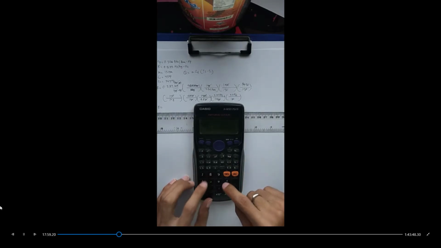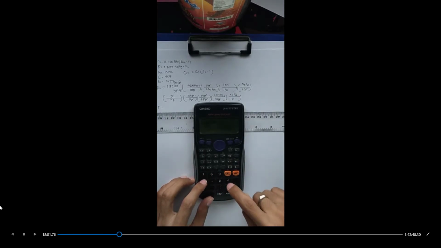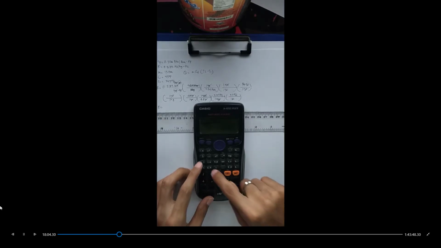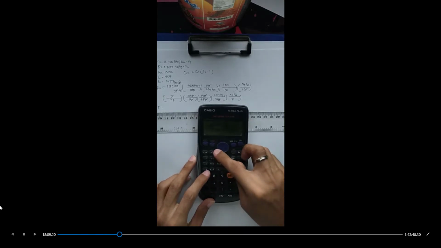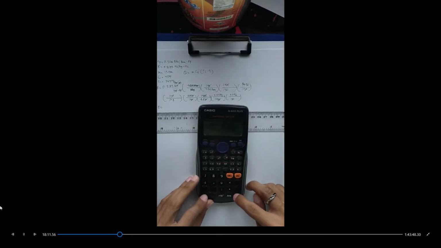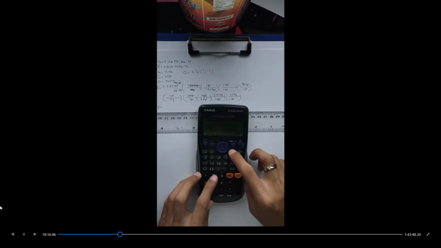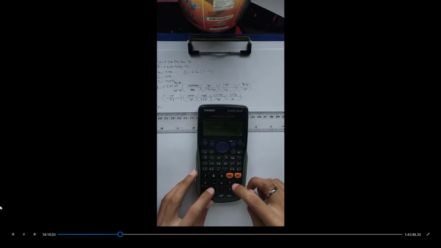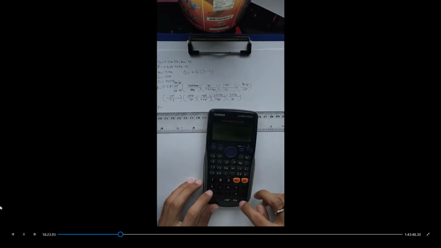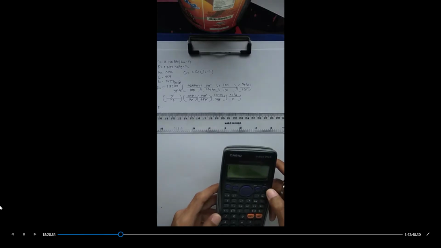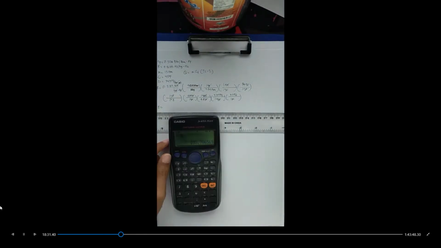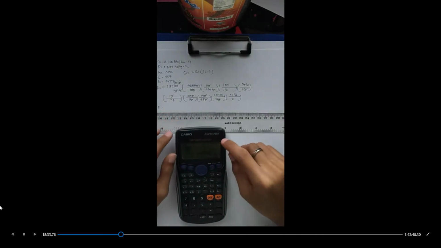So 0.5183 times 5/9 all over, times 1000 times 2.205 times 3.28 divided by my denominator 2.205 times 9.81, and then we click on equals.